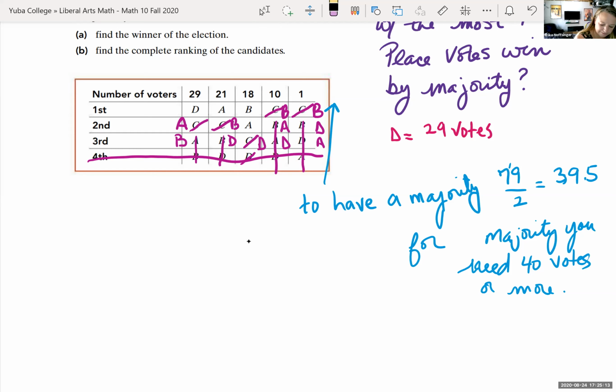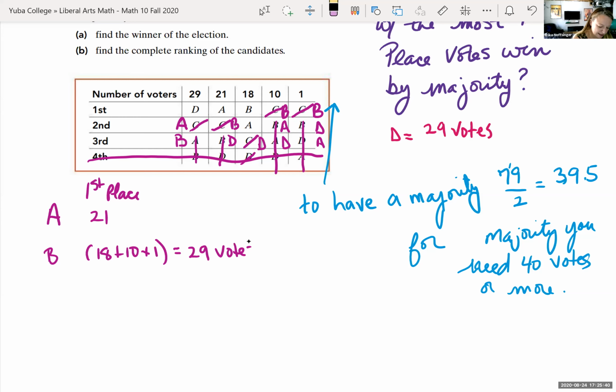If we look at the first place with the new count, A only got 21 votes. B, we have 18 plus 10 plus 1, so that is 29 votes for first place now.